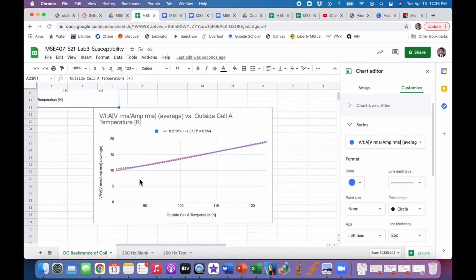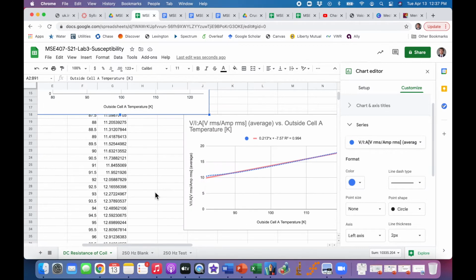And so this is what we're seeing in this curve. So that's something that we have to consider when we are running this experiment, that the resistance of the coils themselves can increase with temperature. And so we sometimes have to account for that in this experiment. All right, so that's the first part.